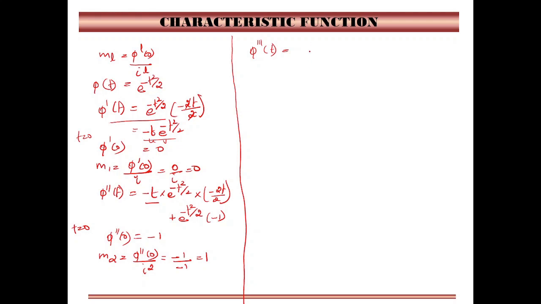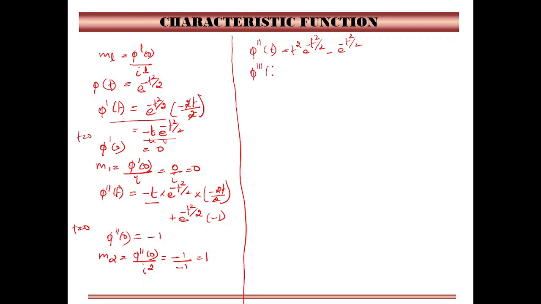Here already phi double dash of t is equal to, minus into minus plus 2 will get cancelled, so t squared into e power minus t squared by 2 minus e power minus t squared by 2. This is phi double dash of t.